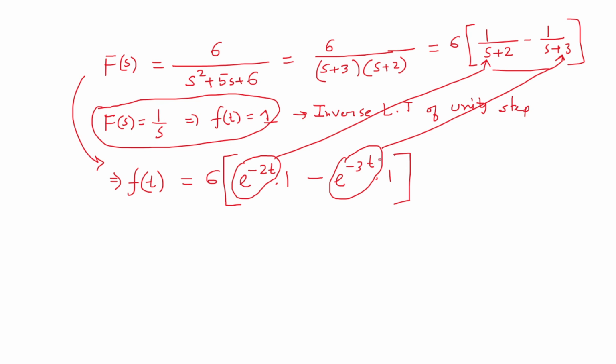So that is why we are getting 1 in the time domain. So if it is okay, then we got the final answer, ft is equal to 6 into e to the power minus 2t minus e to the power minus 3t. That is the inverse Laplace transform of this function.